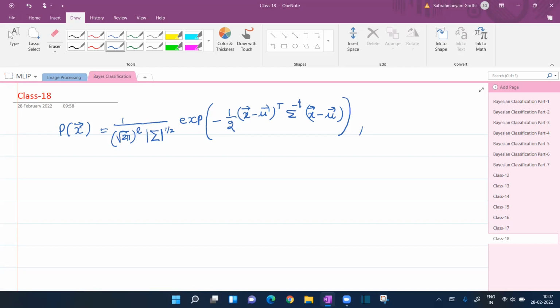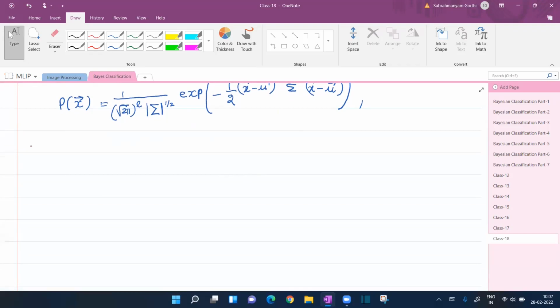Now, what we are going to do is the Bayesian classifier for normally distributed classes. That's what we are going to start studying in this class and continue for the next 1 or 2 classes as well.